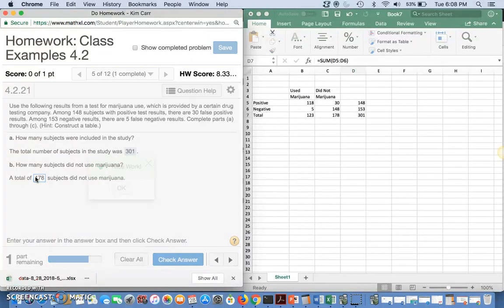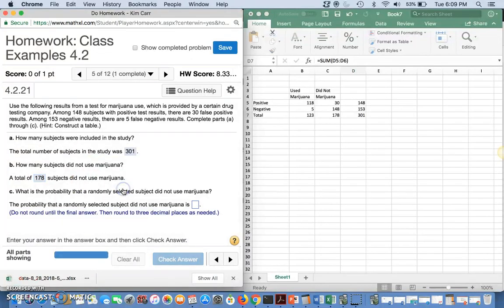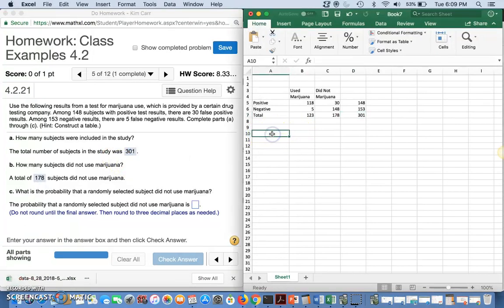So once you set that table up, it's pretty easy to read it. What is the probability that a randomly selected subject did not use marijuana? Well, that's what we've been talking about. It's this number divided by that number. So the probability that we did not use, I would simply say equals sum.